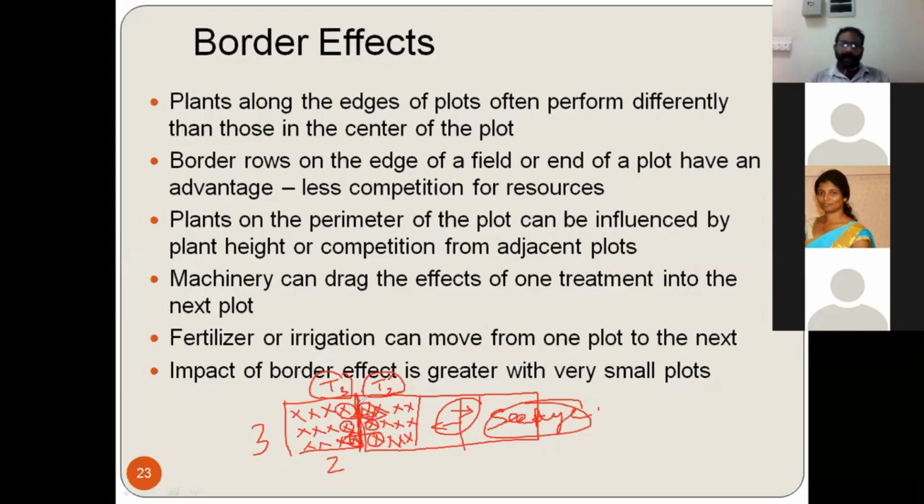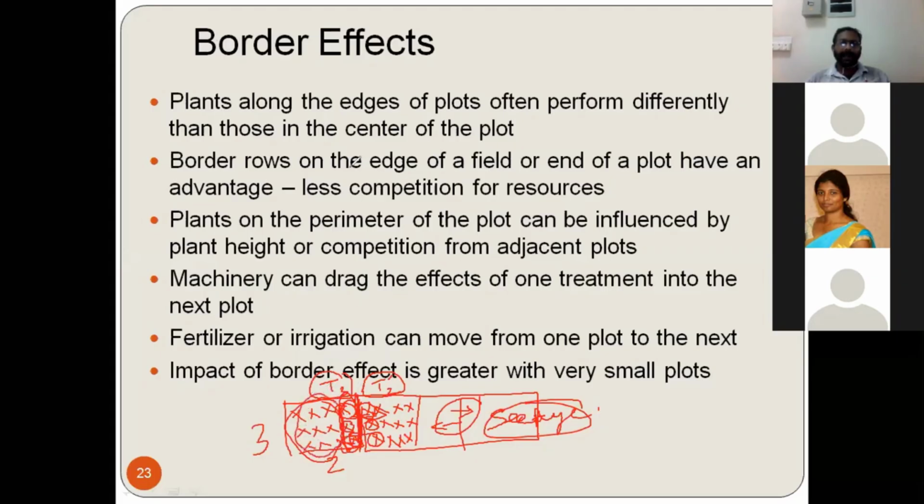Either way is possible. Because of that, the plants in the very corner are called border plants. This is called border effects. This plant will show a different growth pattern compared to the rest of the plants.